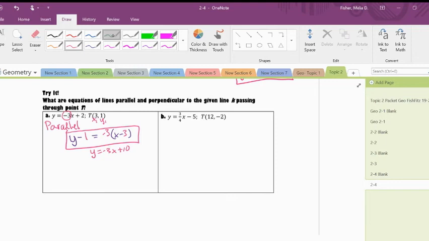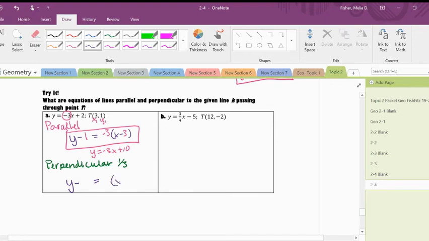Let's go ahead and look at perpendicular. The slope would have changed from -3 to be positive 1/3. So we would have written out our formula, and we would have plugged in for the slope 1/3.